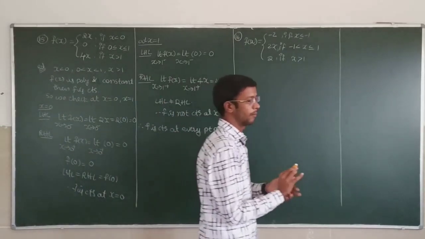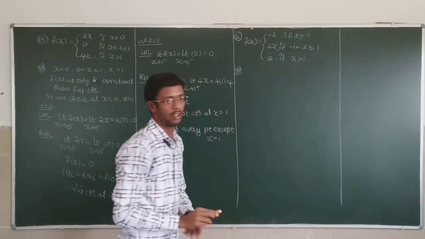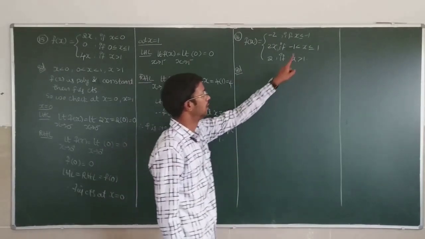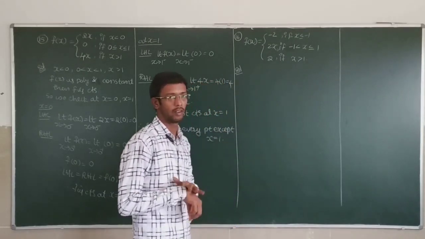Next, problem number 16. Discuss the continuity. Here you see -1 is there and 1 is there, so you have to check at the two positions.